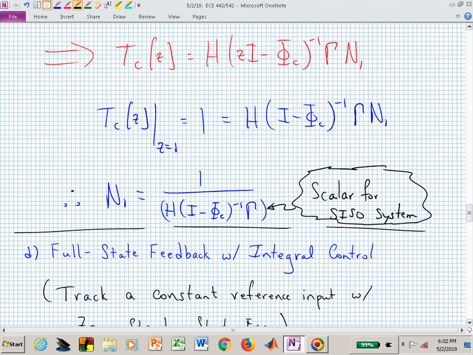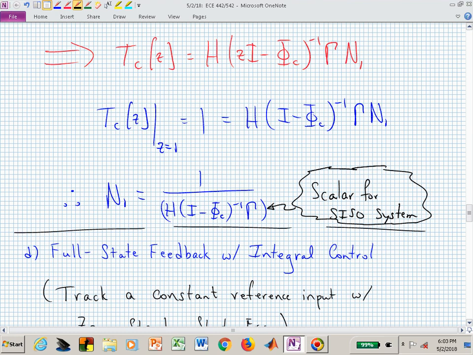You should be able to invert a 2 by 2 matrix. And then it will collapse down into a 1 by 1 scalar when you hit it on the left with H and on the right with gamma. Because H will be a 1 by 2 times a 2 by 2, that gives you a 1 by 2. Hit a 1 by 2 by a 2 by 1, and you get a 1 by 1, a scalar.